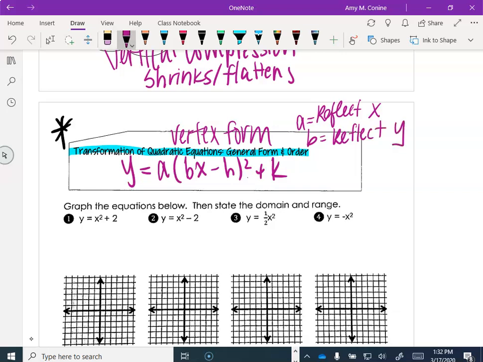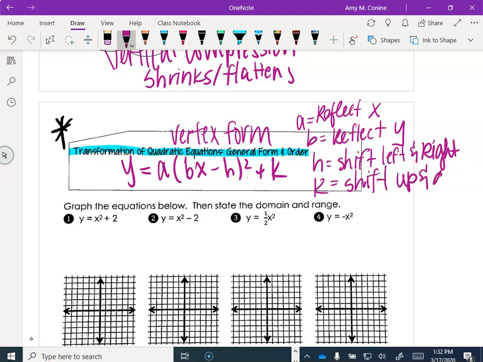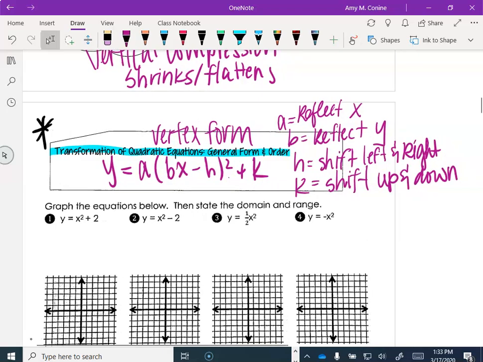And then your h is your shift left and right. And your k is your shift up and down. Okay, so hopefully what you saw with the shifting left and right in the examples, it's the opposite of what the sign is in there.